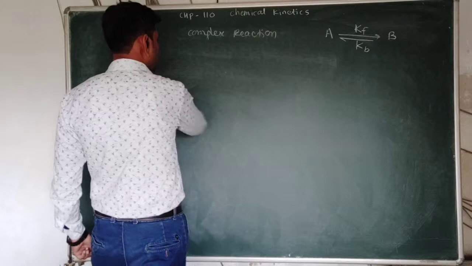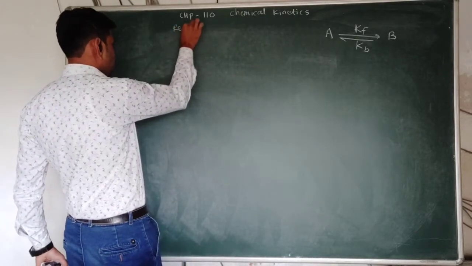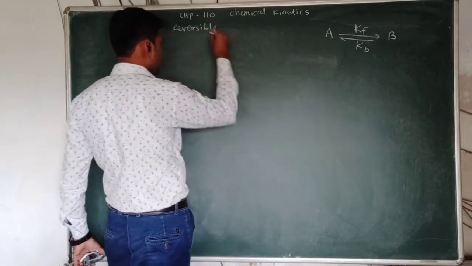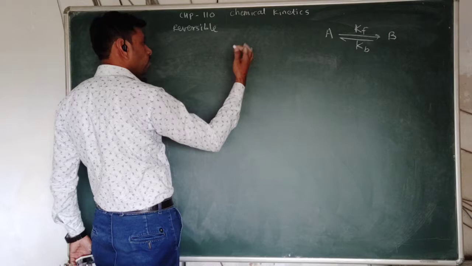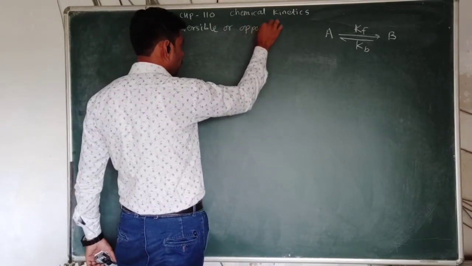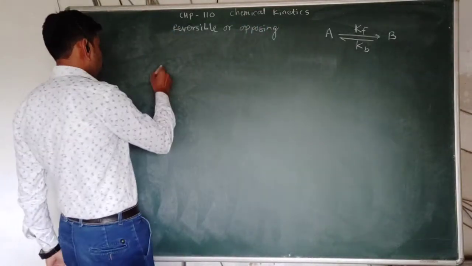So in a reversible or opposing reaction, the reaction may be in the forward direction or maybe in the backward direction. The rate for such a reaction can be written in this format.